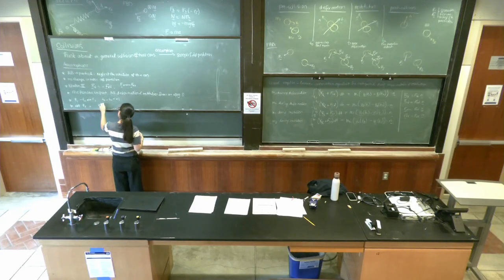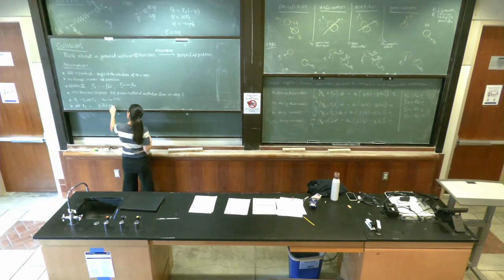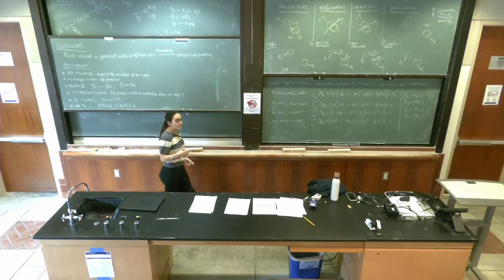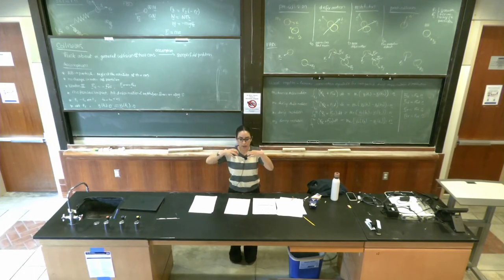V1 at T1 dot n is equal to V2 at T1 dot n. So the particles touch, right? They could be moving along t relative to each other. They touch. Along n, they're still going closer together towards each other. At T1, at the point of maximum deformation, their velocities along n are going to be equal.